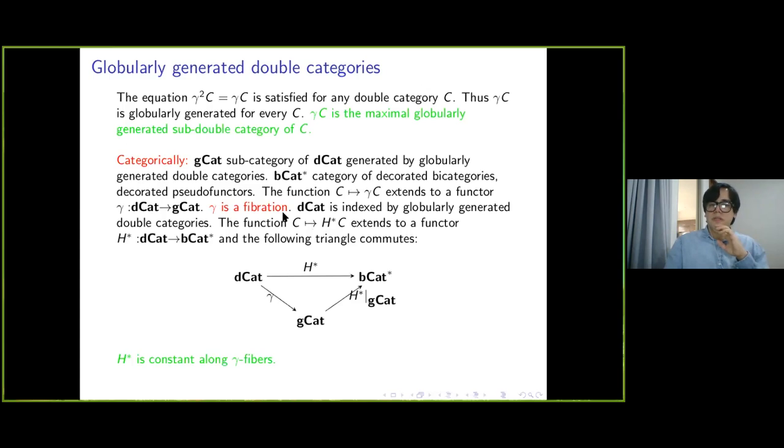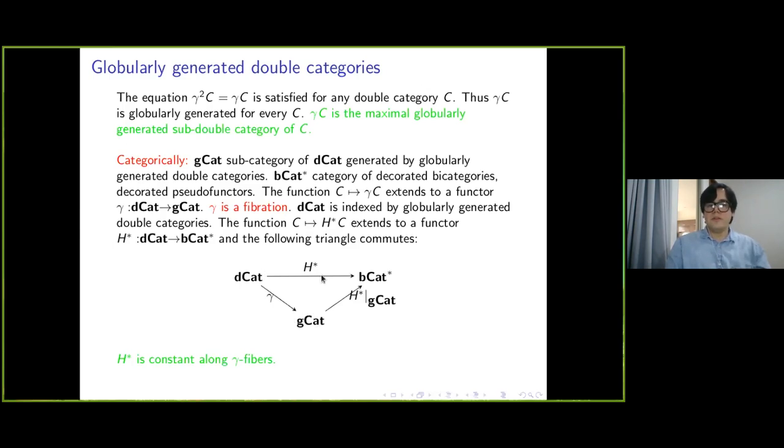The functor associating to every double category its decorated horizontalization extends to a functor now from double categories to decorated bicategories, and the following triangle commutes. So we have this decorated horizontalization functor, which is the one that we're interested in. We're trying to find, if a decorated bicategory is here, then we're trying to study solutions to this, double categories where this goes to here. But this double category is fibered through this category here.